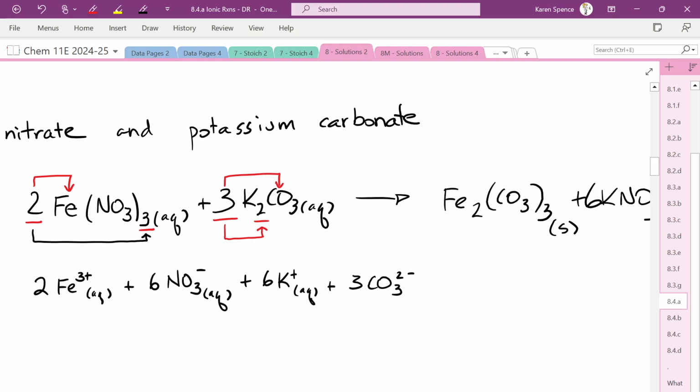And complete ionic equations are a pain because they're so long, I usually can't even fit them on one line. So often what I'll end up doing is I'll be like, okay, and now here come my products. This is a solid, so what do I do with it? Leave it as is.